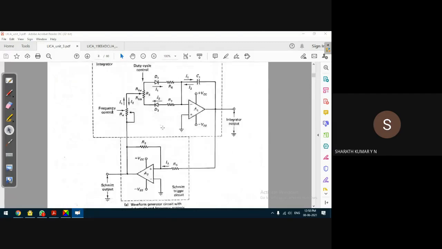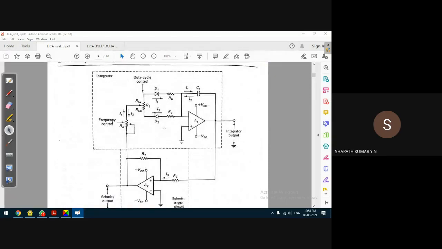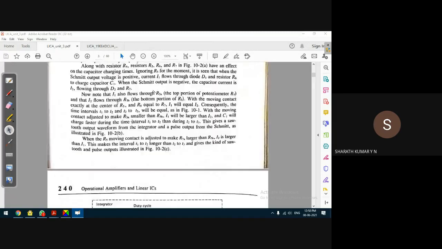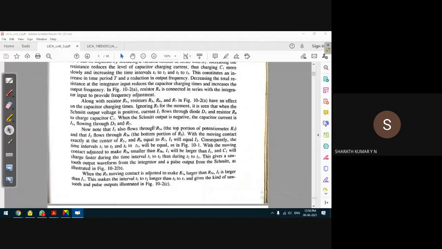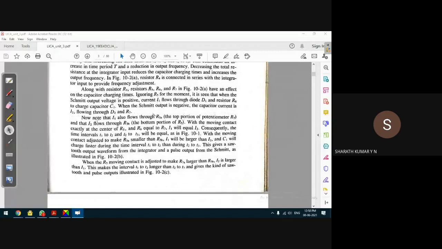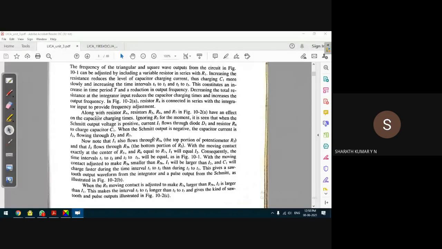Now how does the circuit work? It is very simple. Let us look into the circuit.